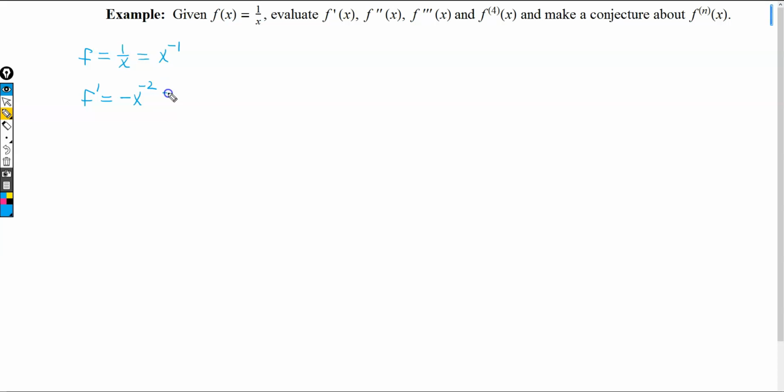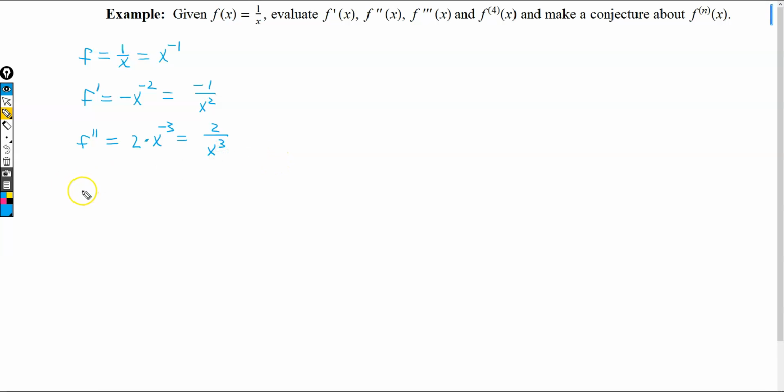And let's write that as negative 1 over x squared. Now let's take the second derivative. So let's differentiate this. So we're going to drop the negative 2 down. Now negative times negative 2, that's going to make it positive 2, x to the negative 3. And we'll write that as 2 divided by x cubed.